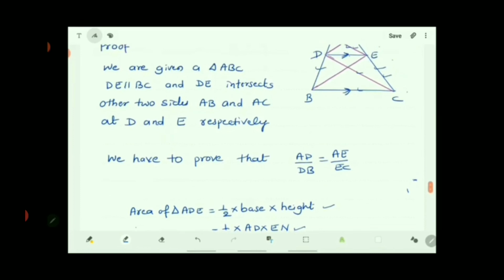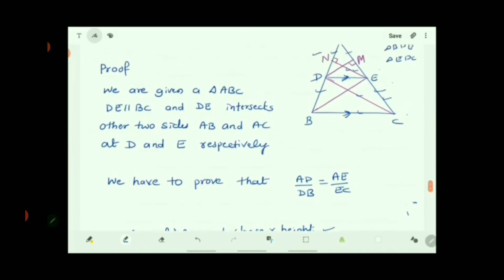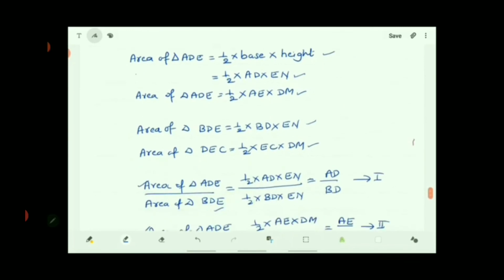If you observe these two triangles, BDE and DEC, they are on the same base DE and between the same parallels DE and BC.